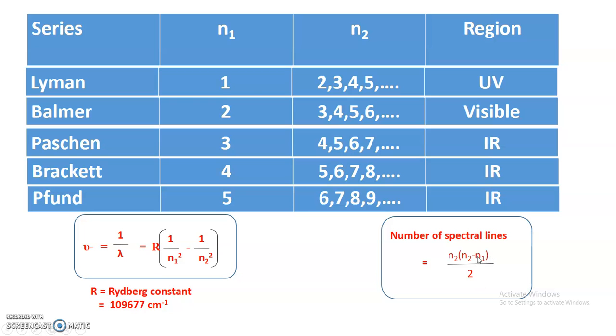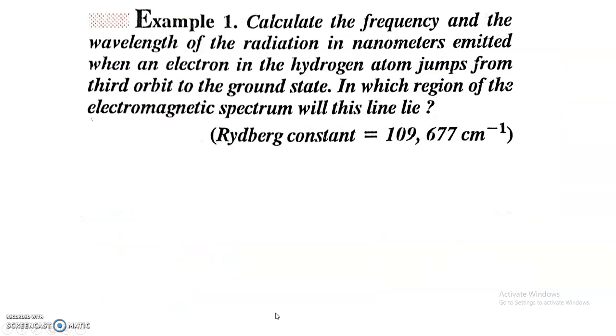So n1 is the ground state energy level and n2 is the excited state energy level. It can be any of 2, 3, 4, 5, like that. So this is about the Rydberg equation. Now quickly we'll solve one example so that the point will be clear.